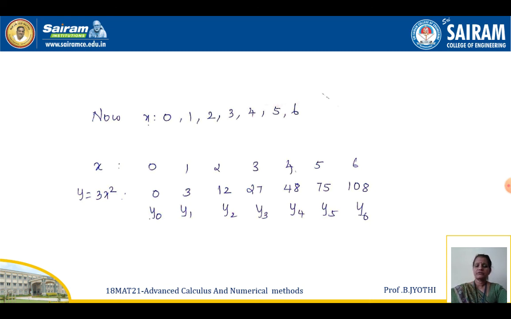When we put the values of x from 0 to 6, we get the corresponding values of y as 0, 3, 12, 27, 48, 75 and 108. These can be named y0, y1, y2, etc., y6. When we name them this way, we can easily use the formula and obtain the solution.